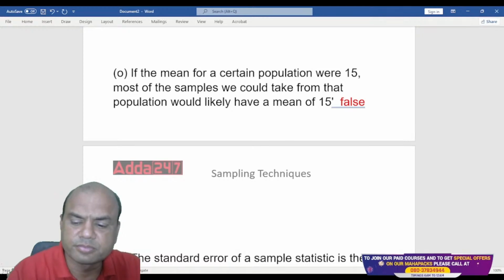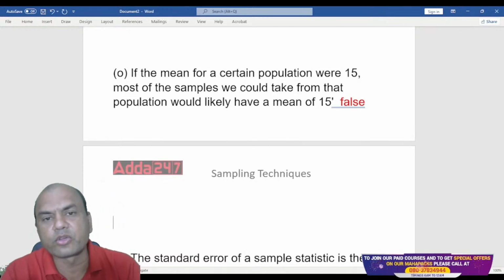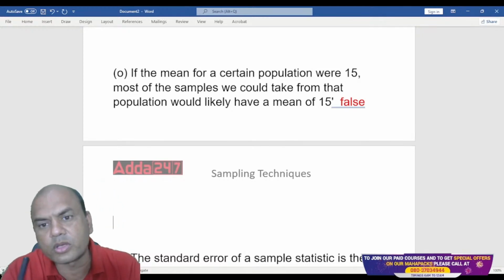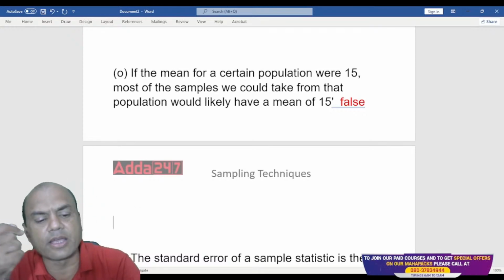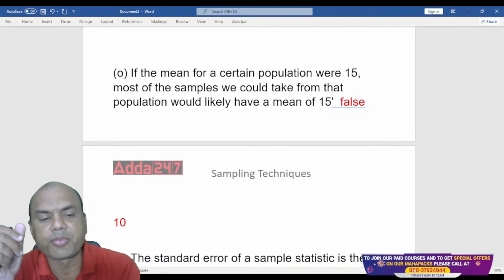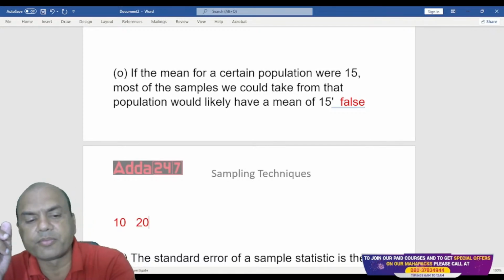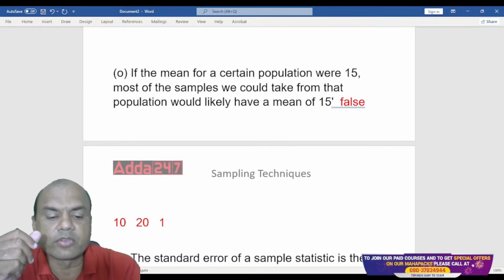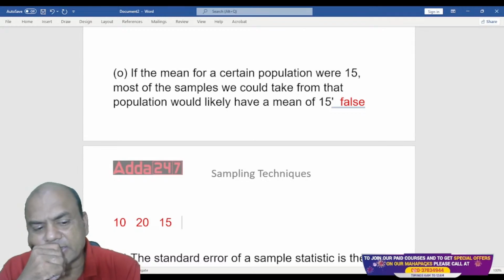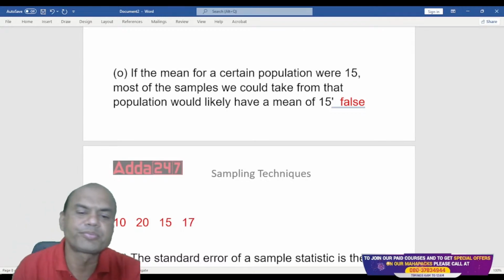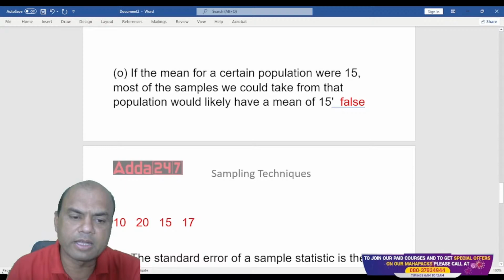Suppose I took 4 surveys, let's say 4 corners of the city, and I got the averages: the first was 10, the second was 20, the third was 15, the fourth was 17, and this I'll make 8.